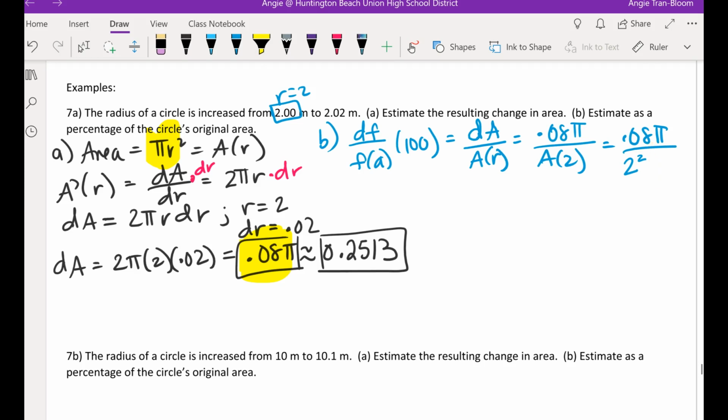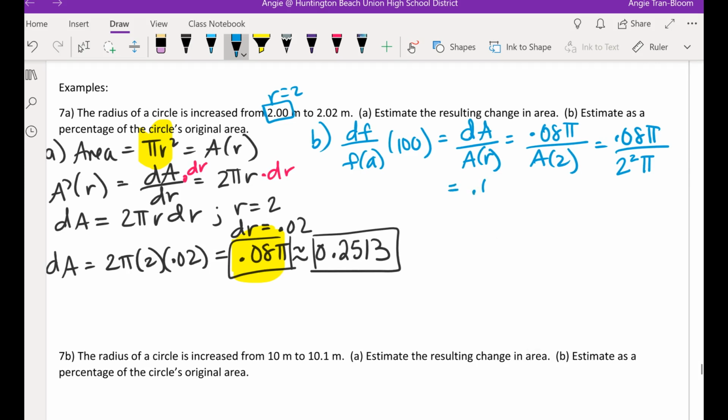Something is glitchy here with my computer. Times pi, that will help me reduce the pi. So I'm going to have 0.08, I'm sorry, over 4, and I do need to multiply by 100 to get a percentage. That comes out to be 2%. Okay, I get the number for both parts A and B, so let's just go ahead and write a complete sentence.